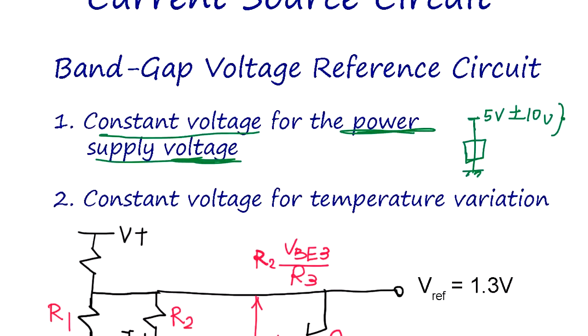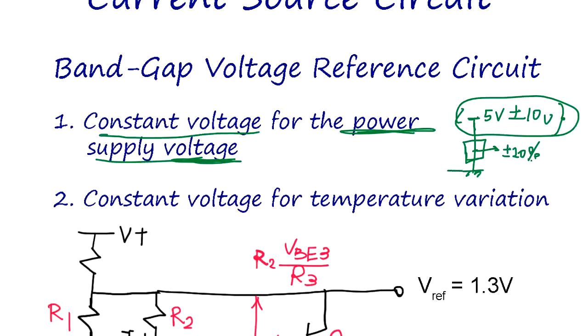If inside the chip the voltage changes plus minus 20%, that's a problem. You can't make a chip. So inside, regardless of the supply voltage, it has to be constant.